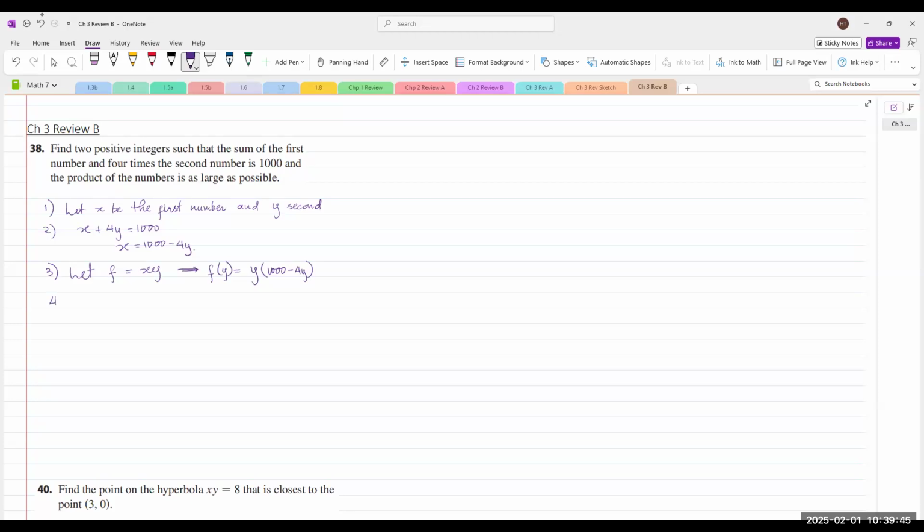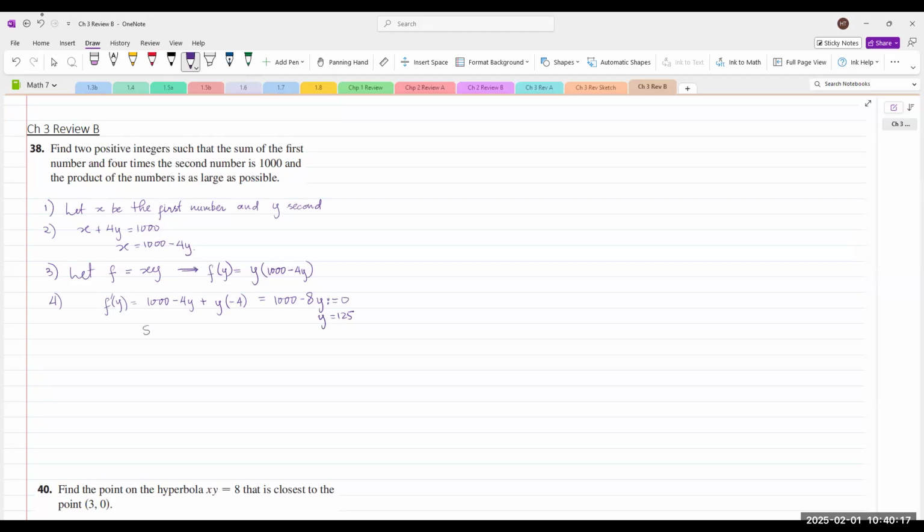So step 4, I do the first derivative with respect to y. That will give me 1000 minus 4y plus y times negative 4. Is it right? Which will give us 1000 minus 8y. If I set that equal to 0, I will get y equals 125. Now I want to show that this will give us the maximum.